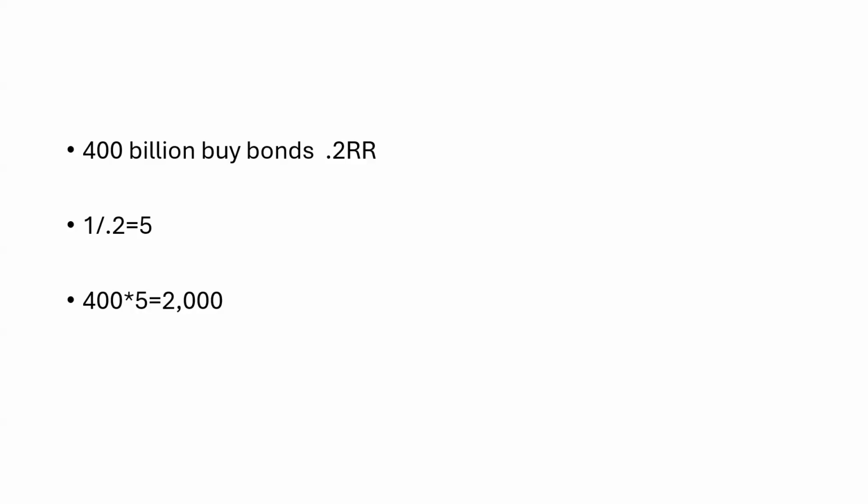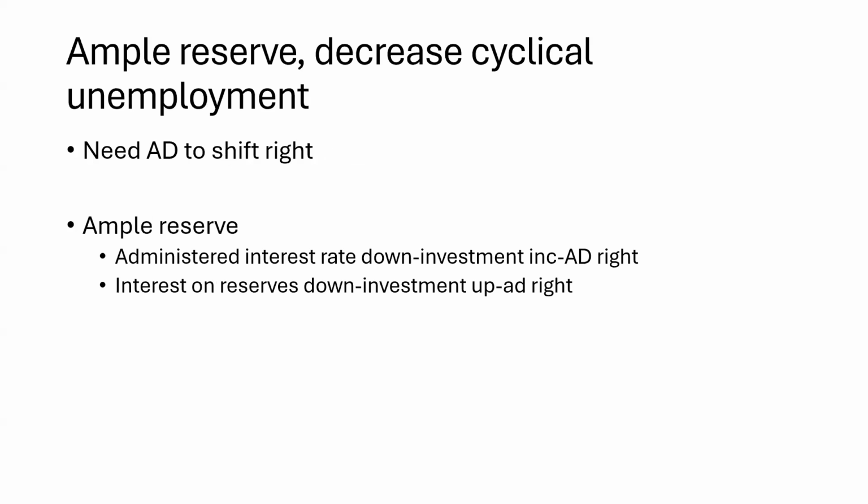Now we got 22 and 23. Okay, ample reserves. The only actions they can take are administrative interest or interest on reserves. So if the banking system has ample reserves, which of the following actions by the central bank would cause a decrease? All right, if we want to decrease unemployment, Nico, which way does AD have to shift?